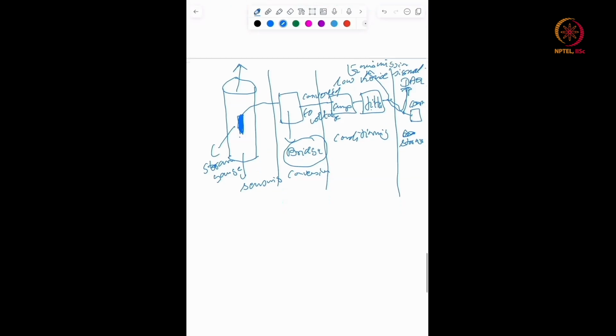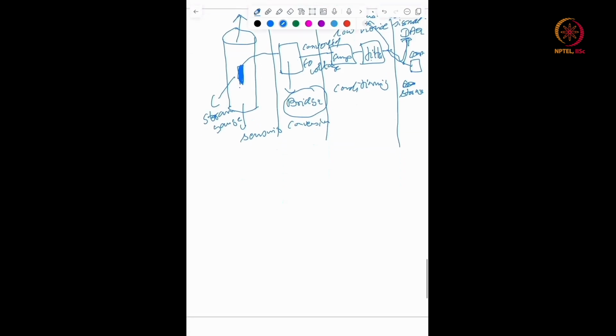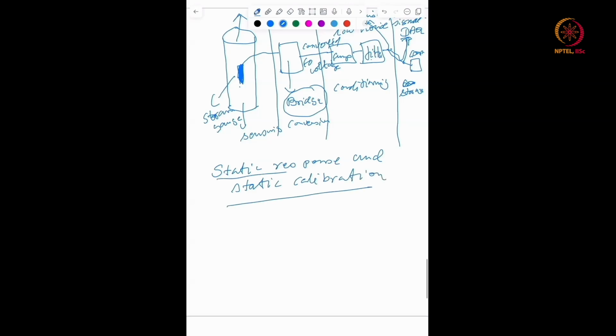Similarly, you can have static response and static calibration. The operation of a measurement system is called static when all its inputs and outputs are either constant or varying very slowly with time.